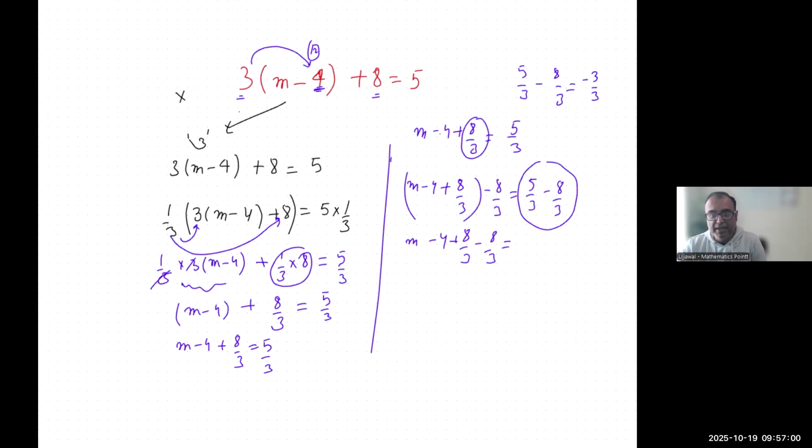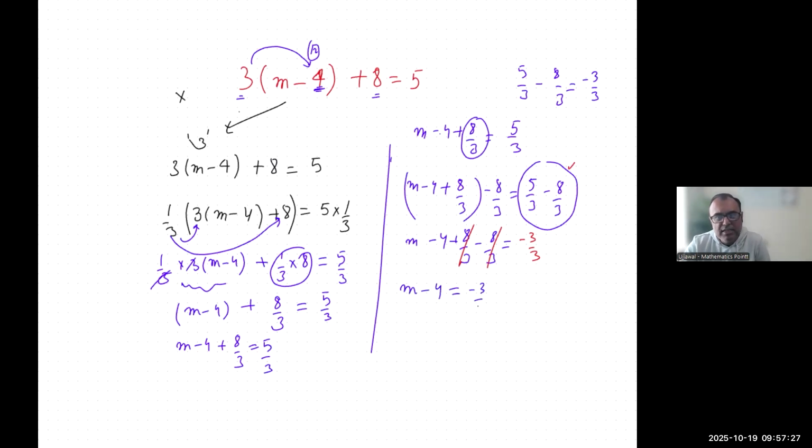It is getting complicated, I know. Now, here I will slash 8 on 3 and 8 on 3. And this is negative 3 on 3. So my expression now is m take away 4 equals to negative 3 on 3.